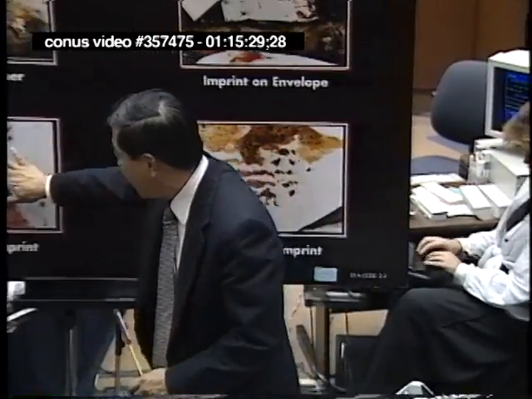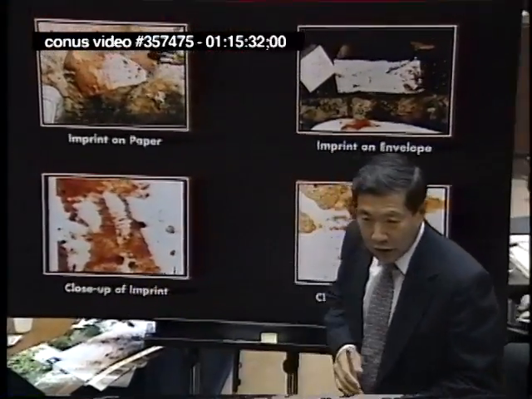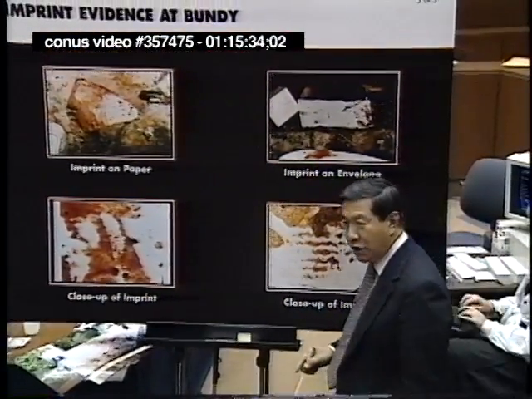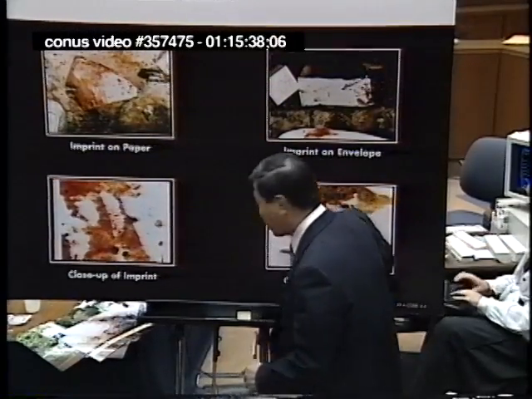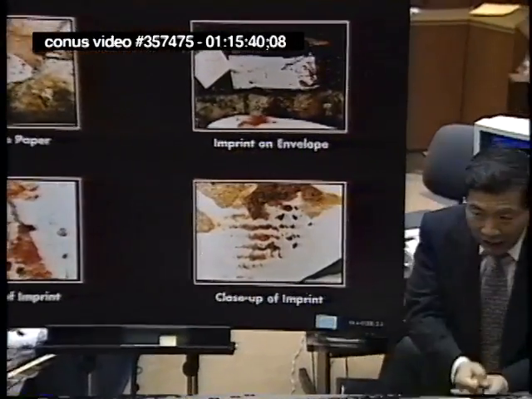I did not see any movement. In other words, it's not a smear. It has to be direct application with certain pressure, just like when you stamp something. I think we're finished with this.